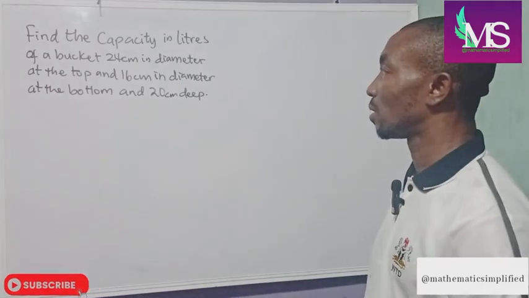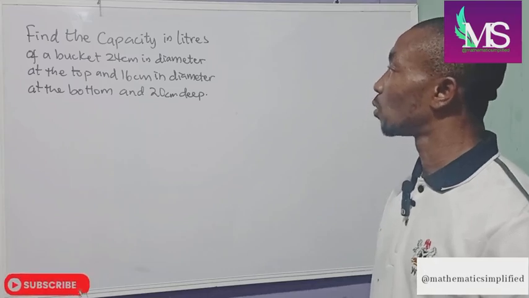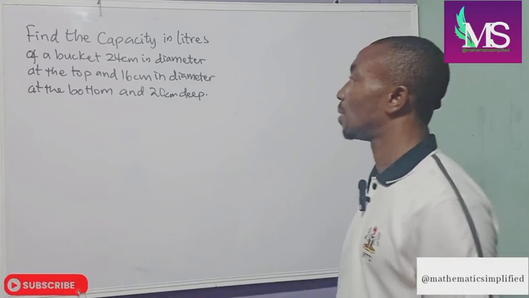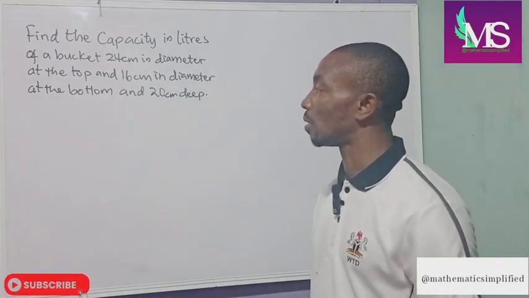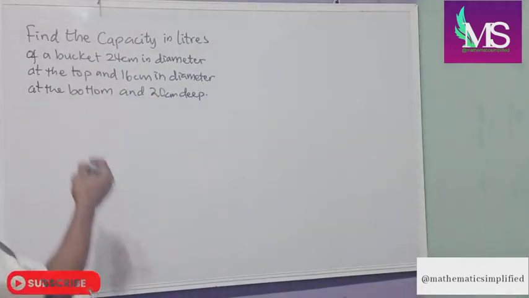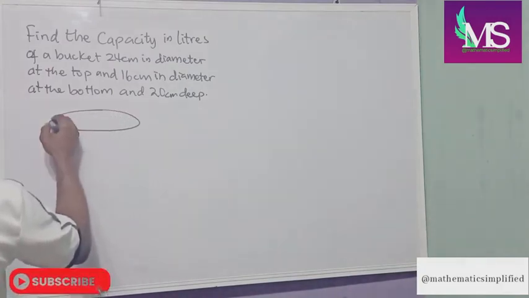Our first question says, find the capacity in liters of a bucket, 24 cm in diameter at the top and 16 cm in diameter at the bottom and 20 cm deep. Now, representing this, we have our bucket this way.